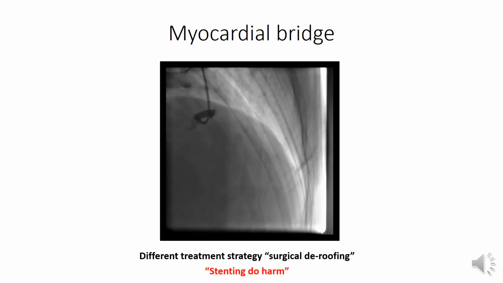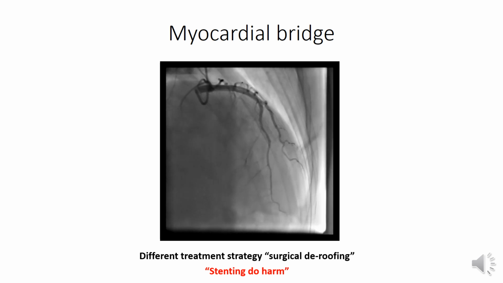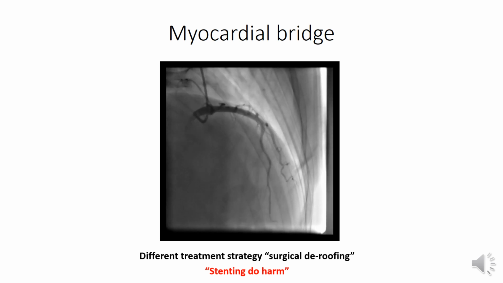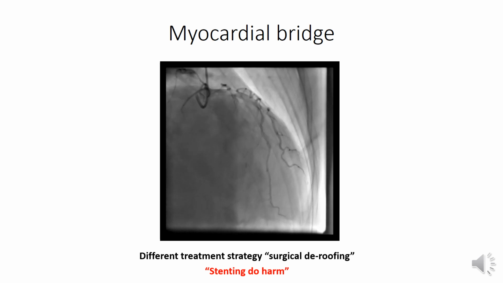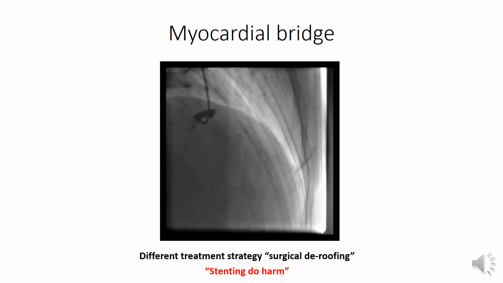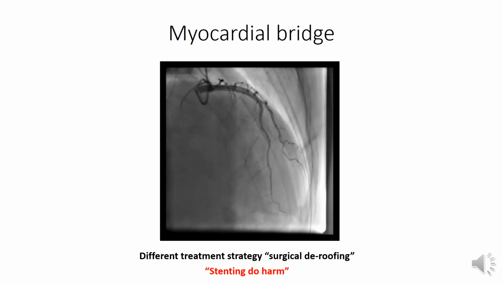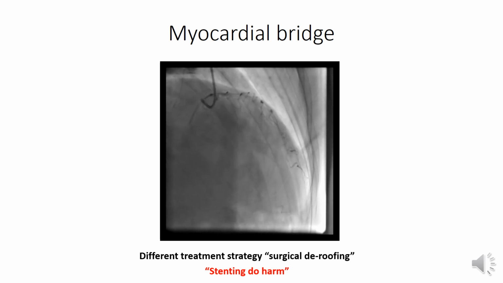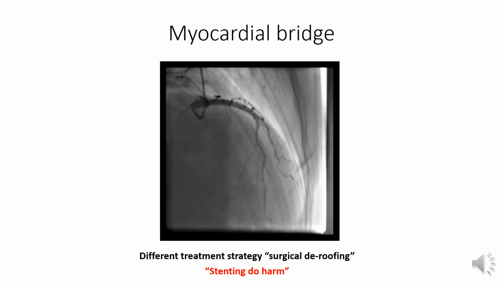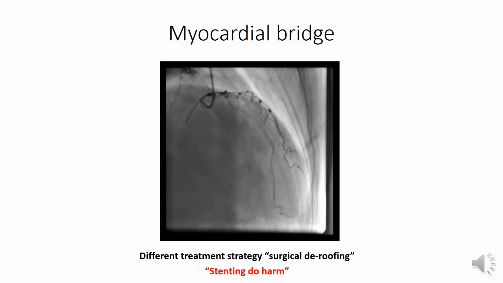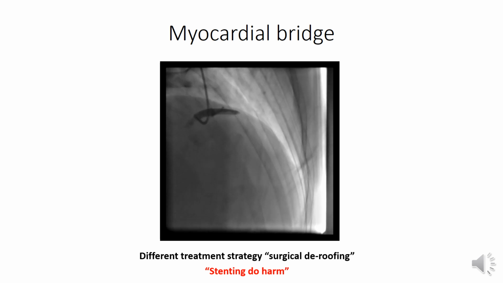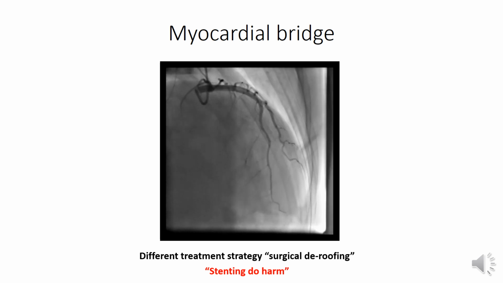But if this patient underwent just a stent on this segment, 99% this stent will become occluded due to mechanical deformation of the stent. So in such a patient we must know this shape of the bridge and know that stenting in this case does harm.